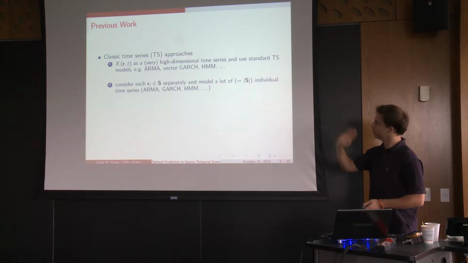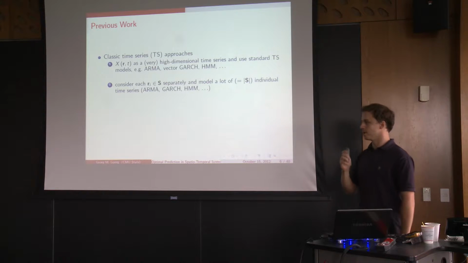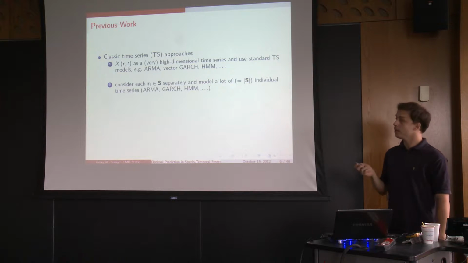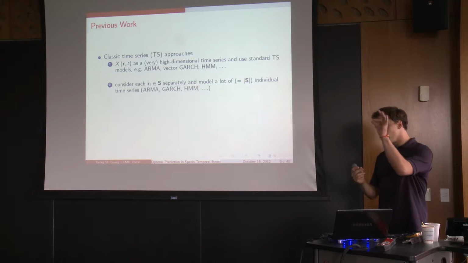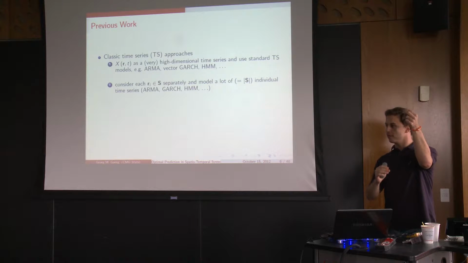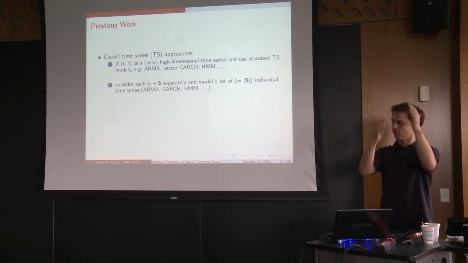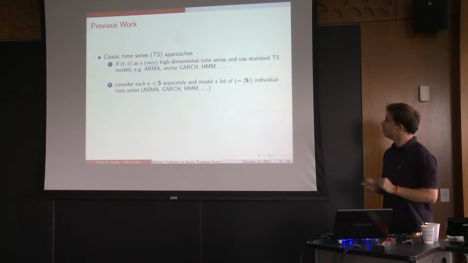And we know very well how to make predictions in these ARMA models, GARCH models, hidden Markov models. Or you do a time series model for each point separately. So you take each row of this image that I showed you, you model it as a Markov process, univariate, predict it, and then just collect it together.